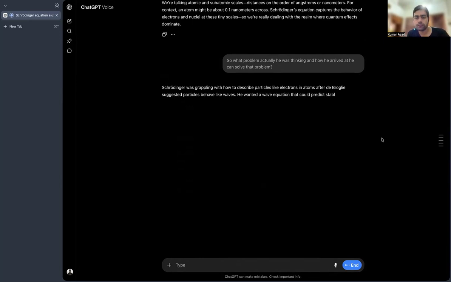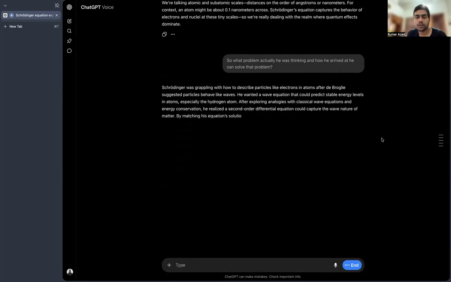He wanted a wave equation that could predict stable energy levels in atoms, especially the hydrogen atom. After exploring analogies with classical wave equations and energy conservation, he realized a second-order differential equation could capture the wave nature of matter. By matching his equation's solutions to known atomic spectra, he confirmed it worked, and it became a cornerstone of quantum mechanics.